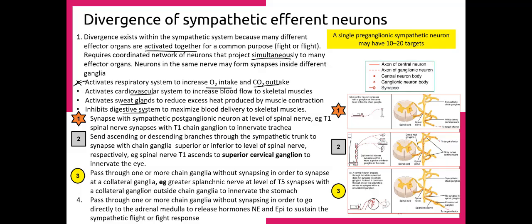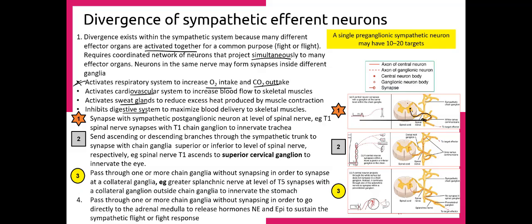So, in terms of divergence, what happens is that you've got this sympathetic neuron over here, starting at the spinal cord. And what it can do is it can actually synapse with a postganglionic neuron at the same level.